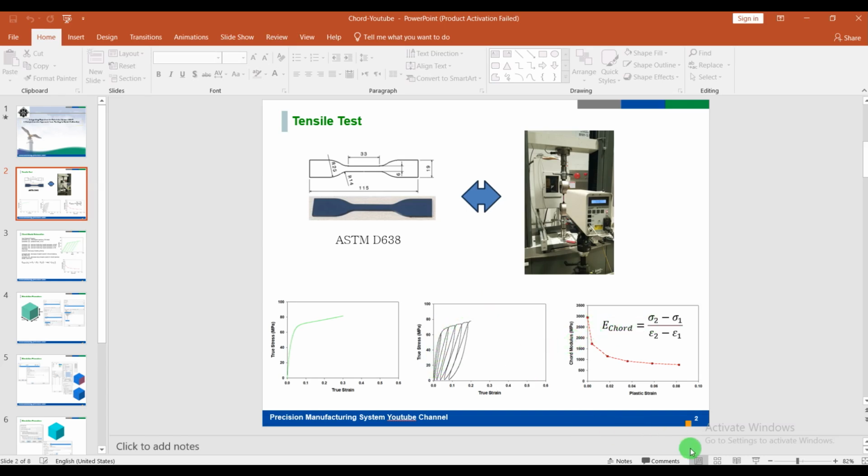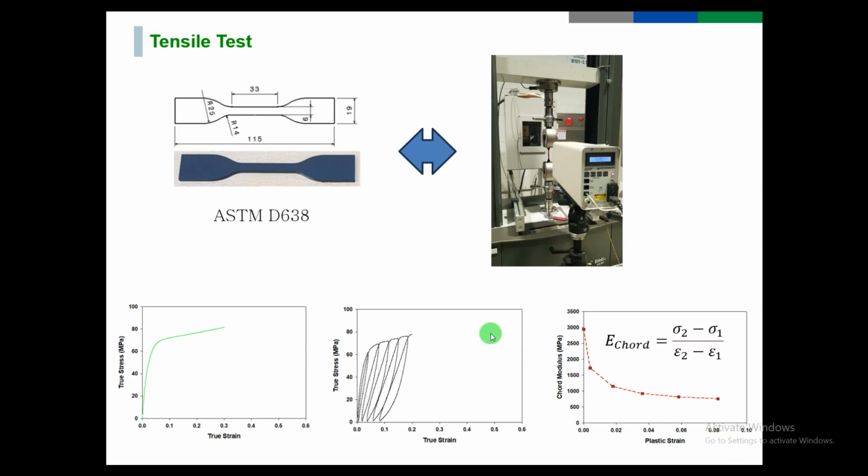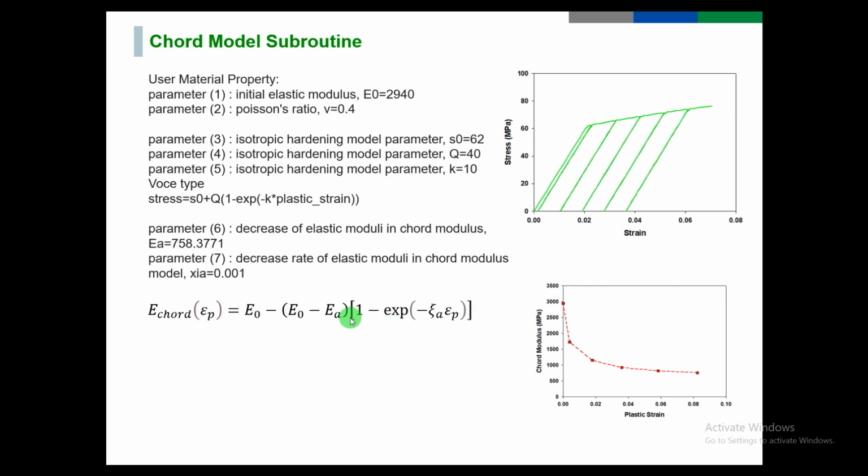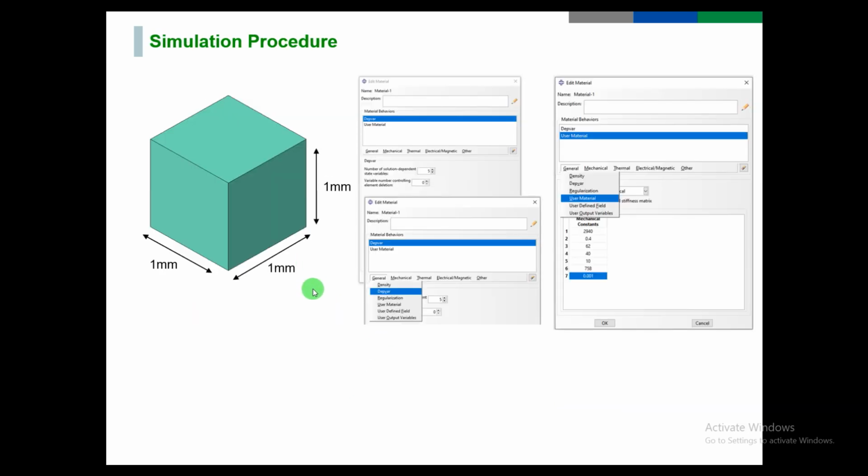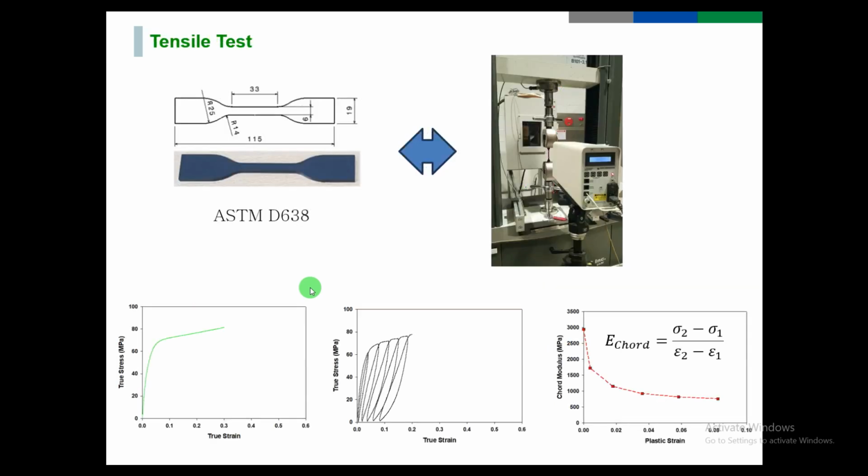So we choose two points, for example for the first loading and unloading, this point and this point. For example, this point is sigma 1, epsilon 1, and this point is sigma 2, epsilon 2.